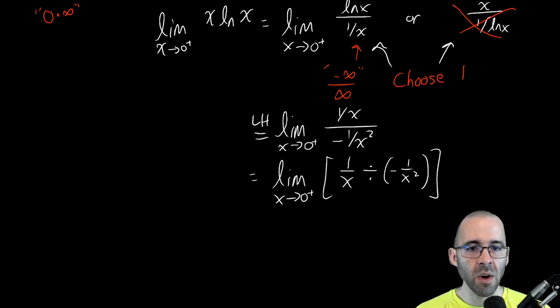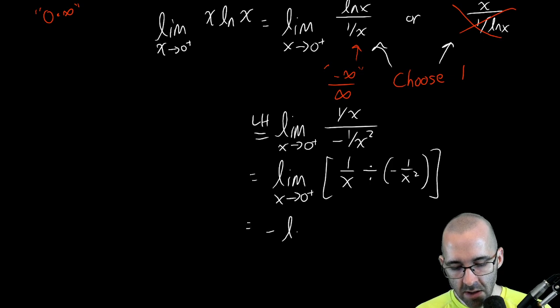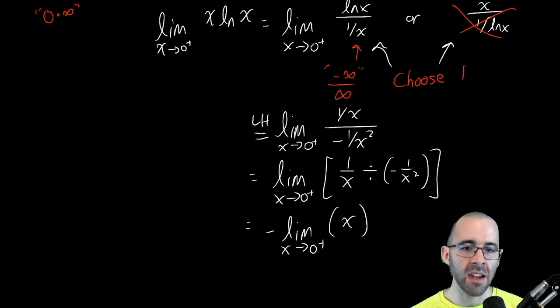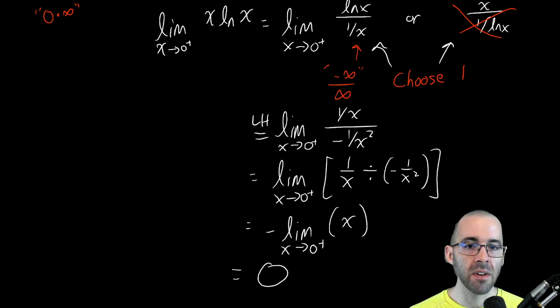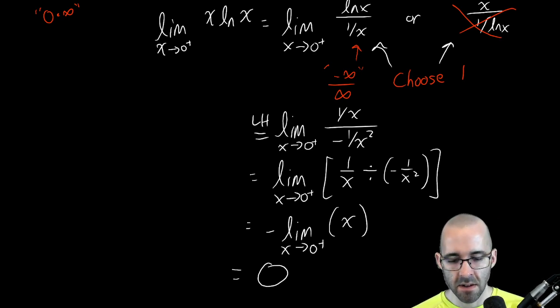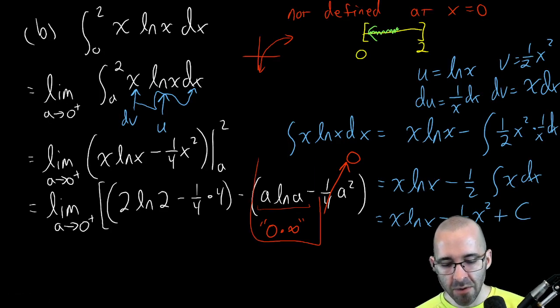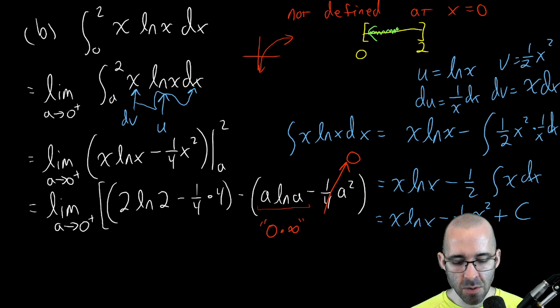So it's negative x squared over x. What is negative x squared over x? Negative x. Now we can evaluate this limit. This whole limit is 0. So even though it's an indeterminate form here, we use L'Hopital's rule to show that it is truly 0. Okay.